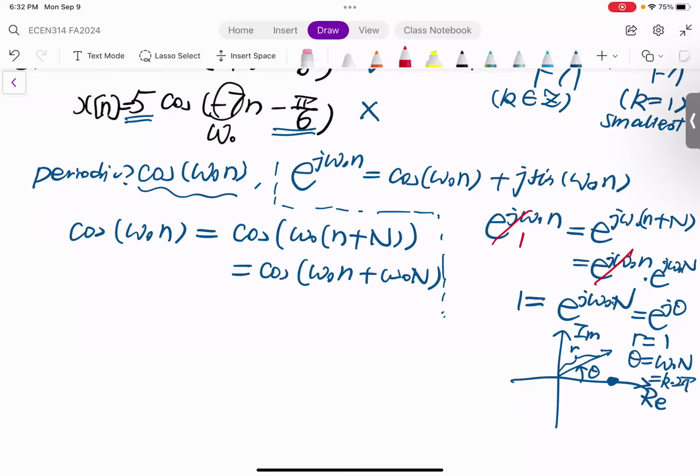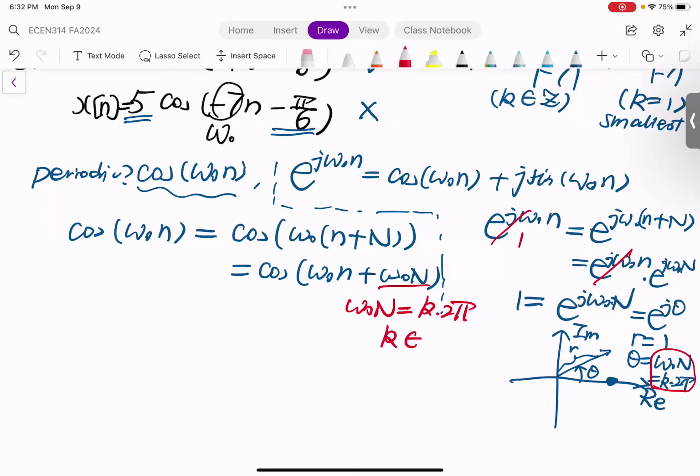Okay, so that's something we learned. Similarly, here we have omega naught N equal to integer multiples of 2 pi as well, because you can just add 2 pi to this cosine, you will get the same. So k will be an integer.